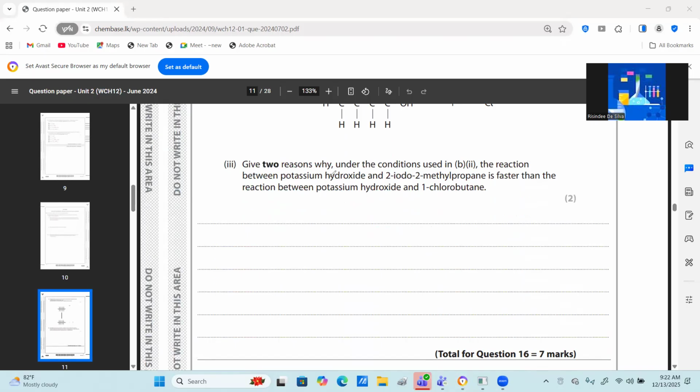Give two reasons why, under the conditions used in B2, the reaction between potassium hydroxide and 2-iodo-2-methylpropane is faster than the reaction between potassium hydroxide and 1-chlorobutane. So if I draw the structure, children, 2-iodo-2-methylpropane is a tertiary halogenoalkane.